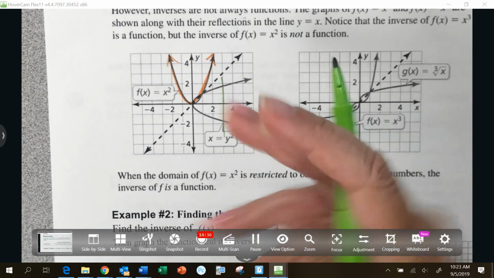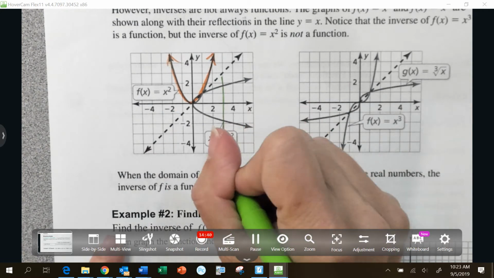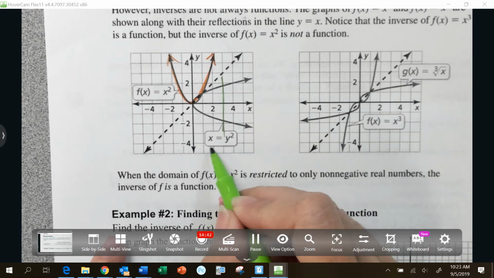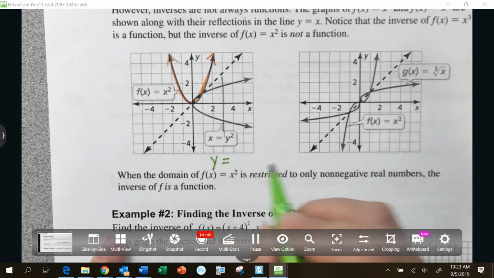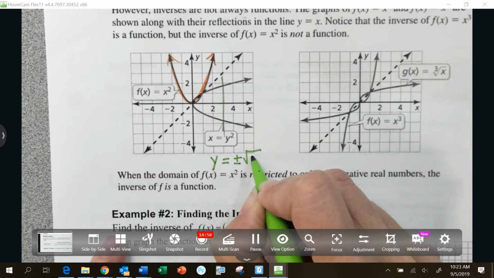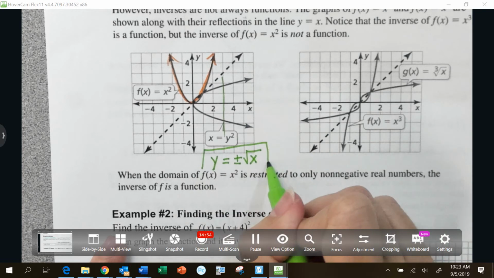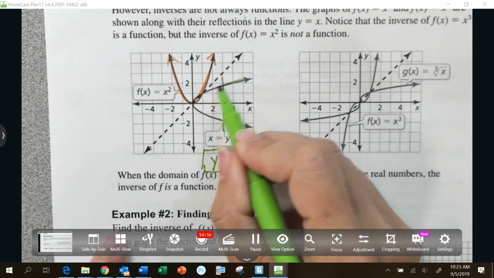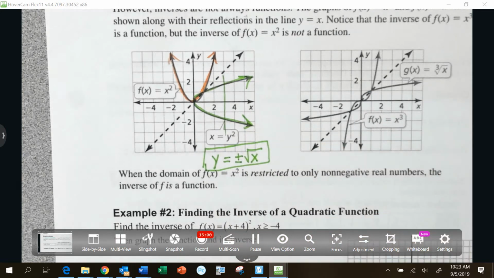You just can't write it in function notation. So when we switch x and y and we get x equals y squared, you would just solve for y and you would get plus minus square root of x as your inverse equation for this one here. You would not write it as f of x.